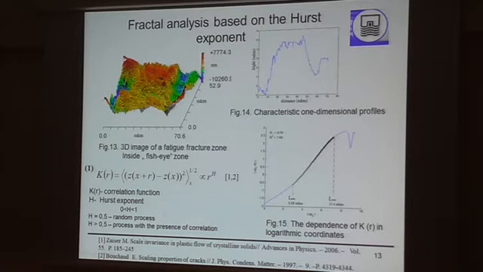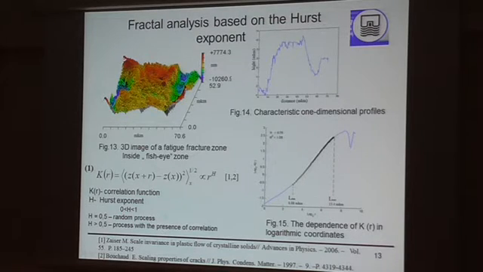In this slide, we can show a 3D image of the fatigue fracture zone inside the fisheye zone. And we can see characteristic one-dimensional profiles, the dependence of K, where K is a correlation function, represented in logarithmic coordinates. We can calculate the lower boundary L min and upper boundary L max of correlation of defects.